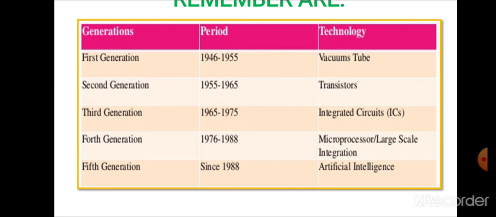The second generation, the main component is transistors. The third generation, the main component is integrated circuits, or ICs. The fourth generation of computers are microprocessors. The fifth generation computers work on artificial intelligence. Okay, children, these are the only important points you have to remember for this lesson, History of Computers. Thank you.